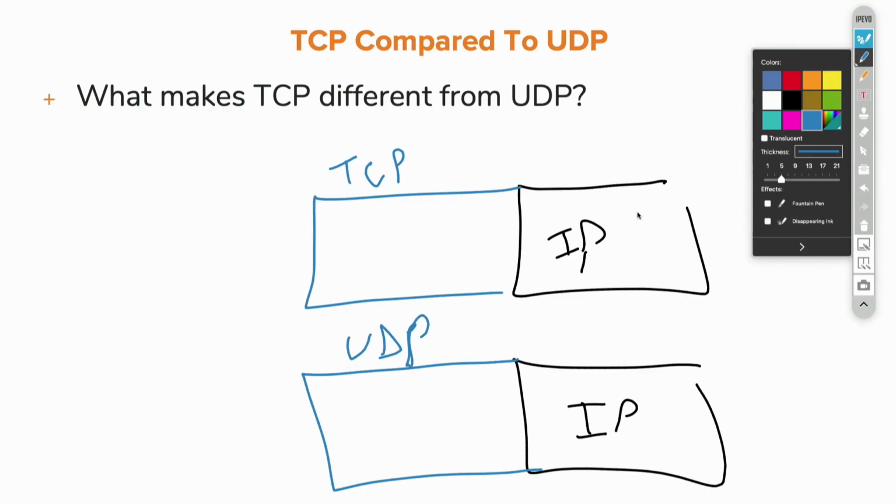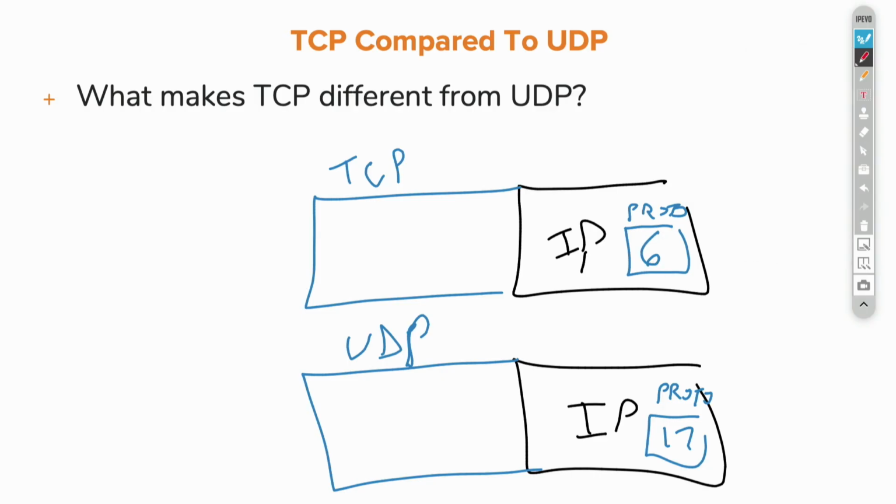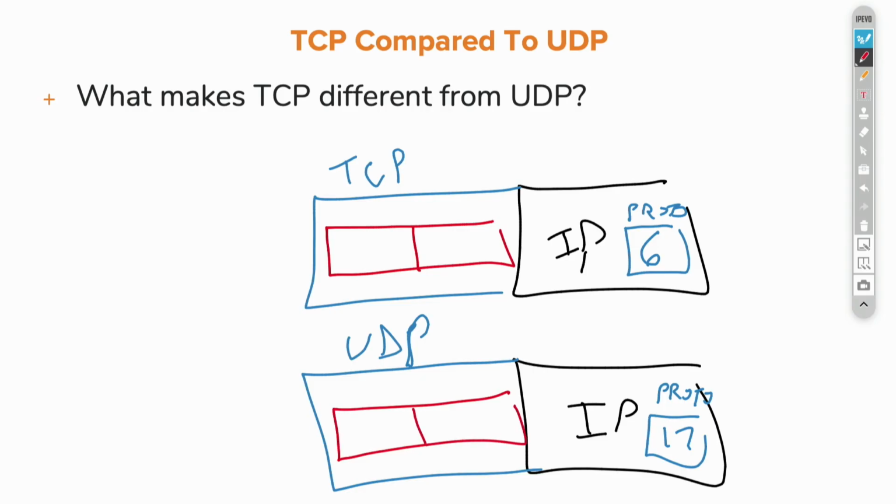Now in IP, we know we have a protocol field that is a value of what this IP is carrying. If IP is carrying UDP, the protocol value is 17. If it's carrying TCP, it's protocol value 6. What else makes TCP and UDP very similar to each other is that both of them are able to keep track of individual sessions of the exact same application by using port numbers.